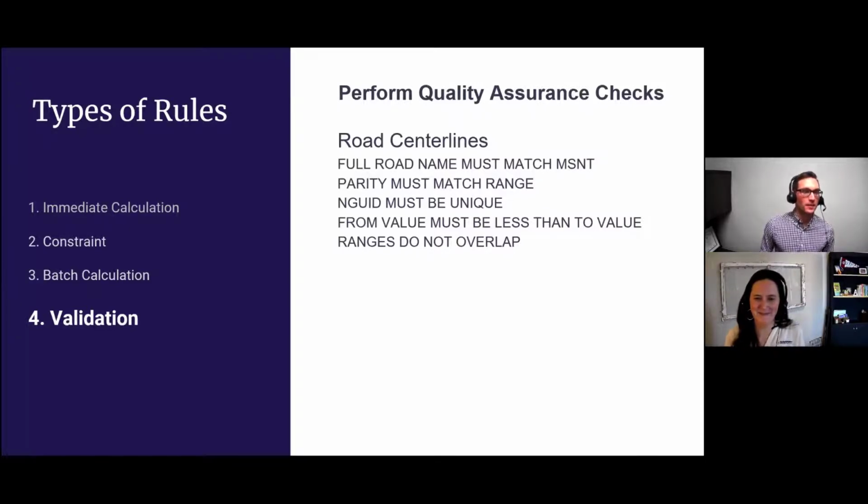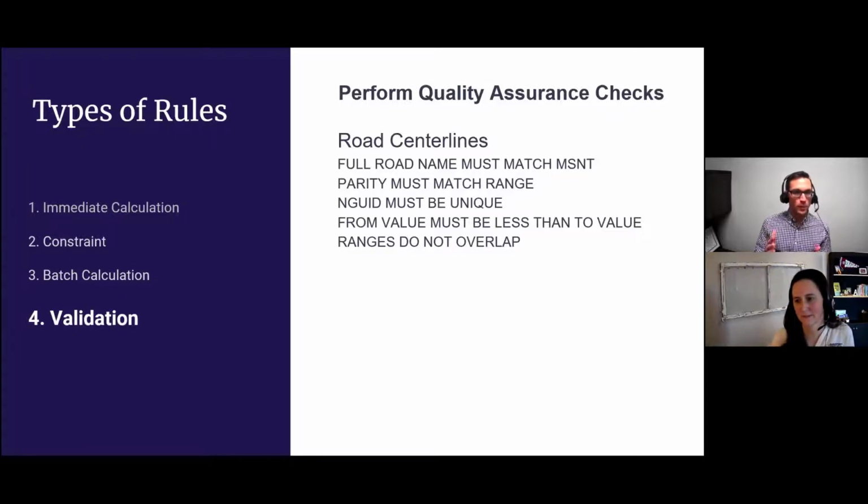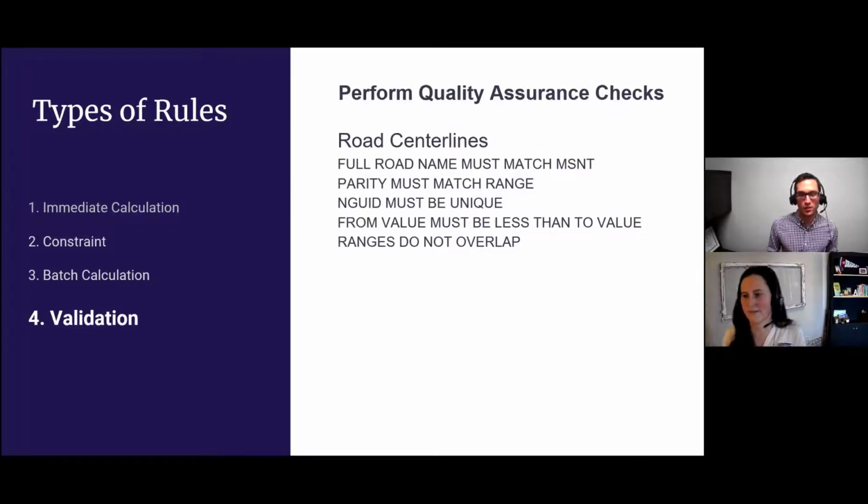I think probably 45 of those are validation rules, and then there's some various calculation rules. And those are split between just our road center lines and our address point layers. So that just shows how much you can do with just 2 layers of data. Now they are heavily reliant on each other, and the most important for the auditing that we're doing currently.